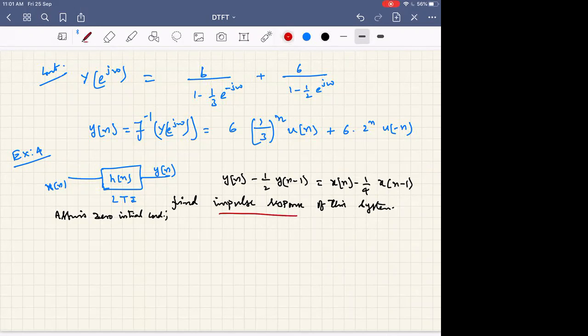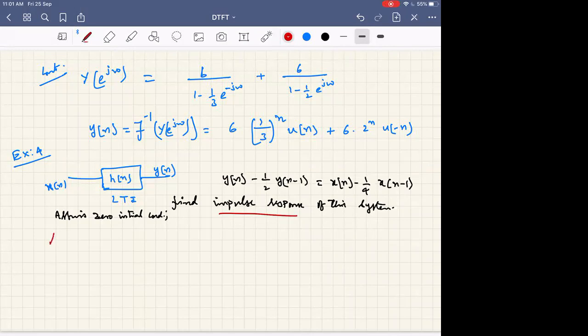You are telling me I can apply the Fourier transform directly on both sides, so I get Y of e power j omega and X of e power j omega, and Y of e power j omega by X of e power j omega is the frequency response. That is also one way of telling it.